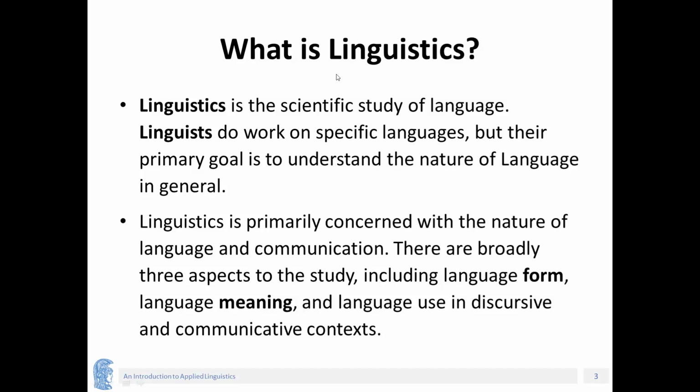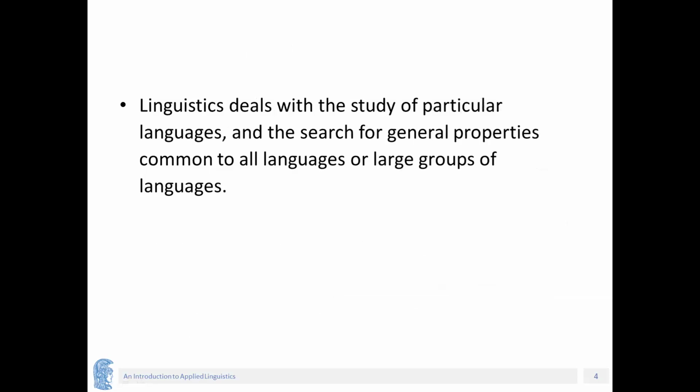Is it a difficult question? Language use. Exactly. Yes, correct. Your answer is correct. So language use is the main focused area under applied linguistics. That is the point that we wanted to come to.